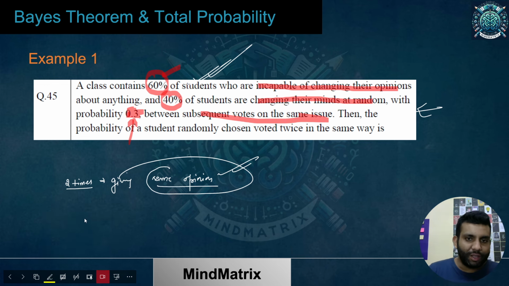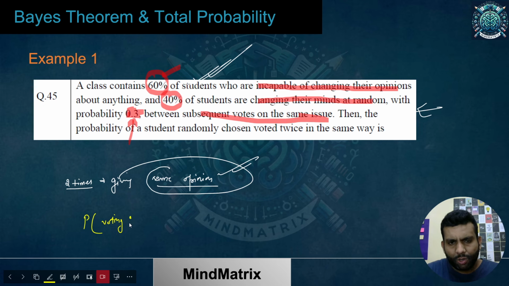So the probability of voting twice in the same way. Let me write it in a proper, comprehensive way. Voting twice in the same way.